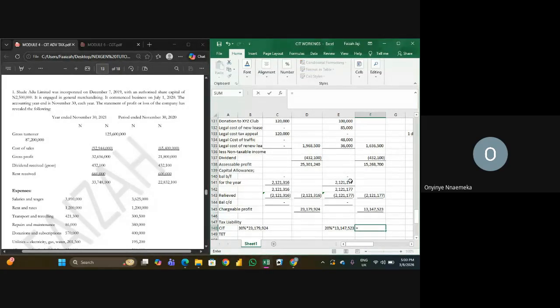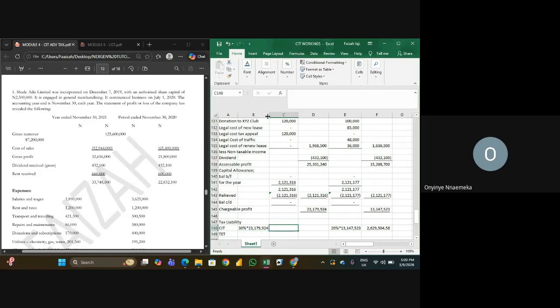So equals to 20%. Equals to 30% multiplied by.